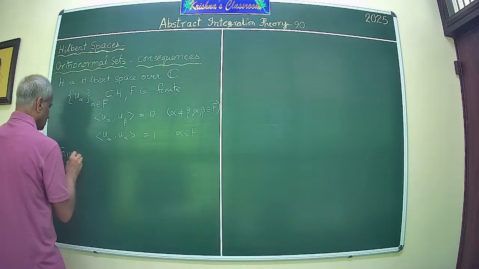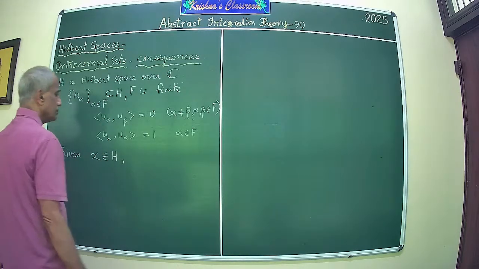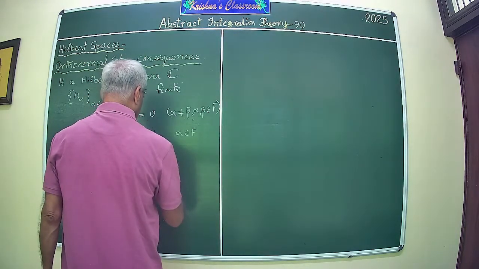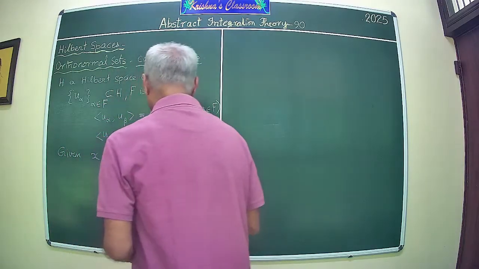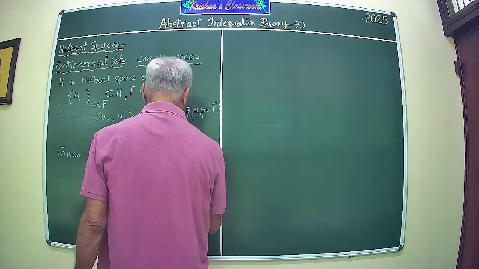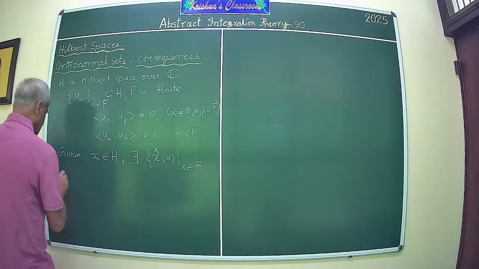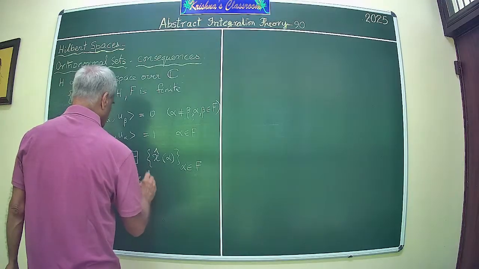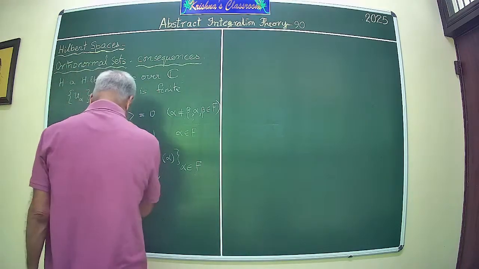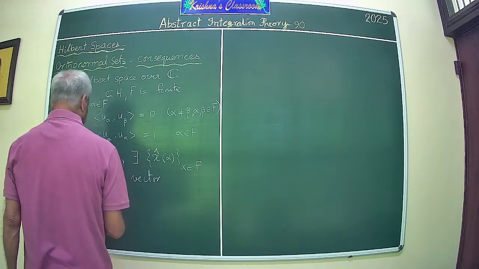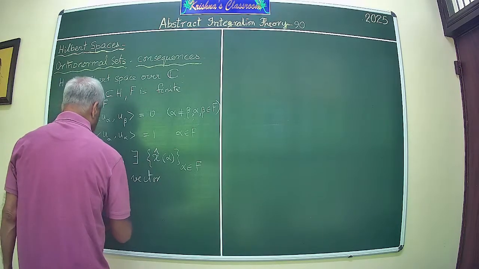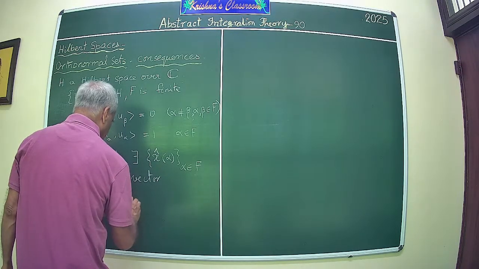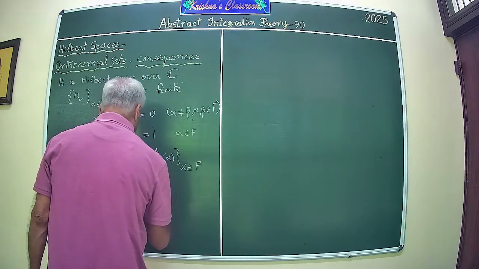Given x belonging to H, we take a collection of numbers x hat alpha, these are complex numbers, such that the vector u_F, which belongs to M_F, is u_F equal to the summation over alpha belonging to F of x hat alpha times u alpha.